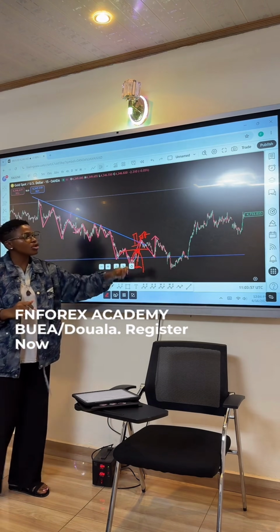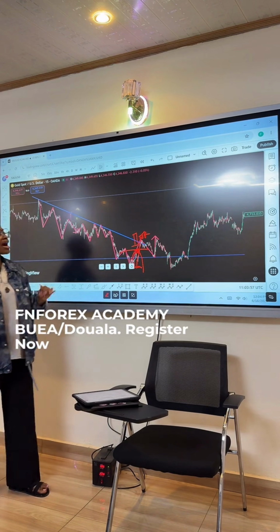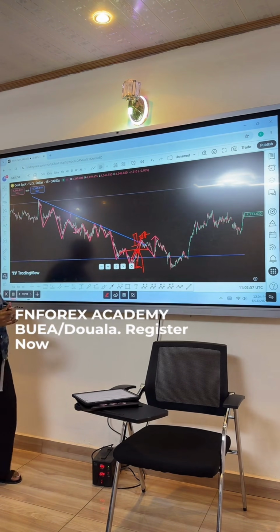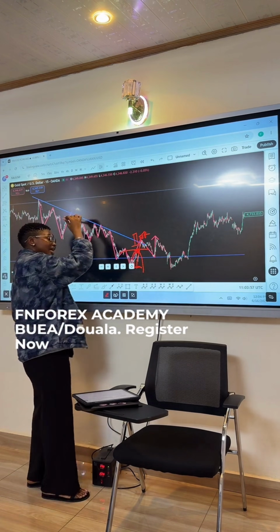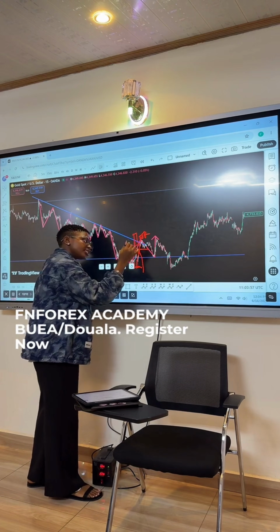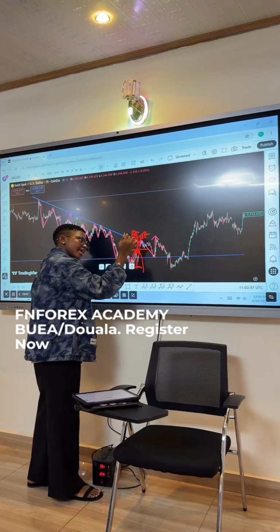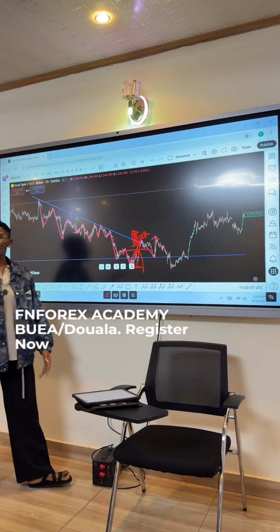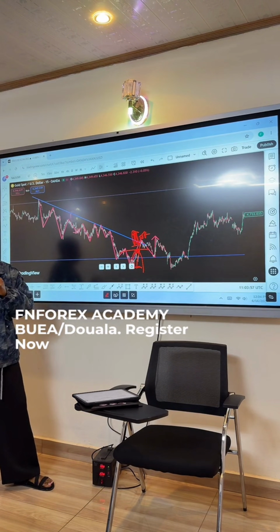So if we are on 15 minutes, and we are seeing a downtrend, and a bullish marubozu candle closes here, is this trend still valid? Yes or no?